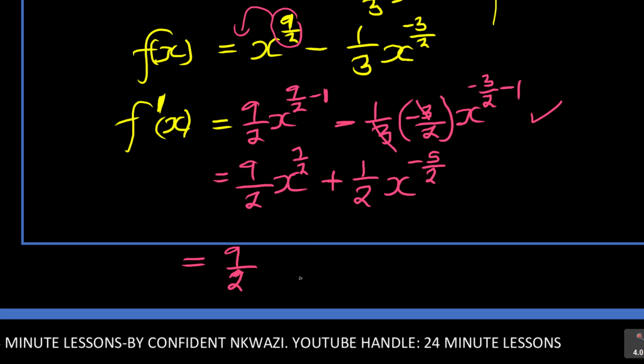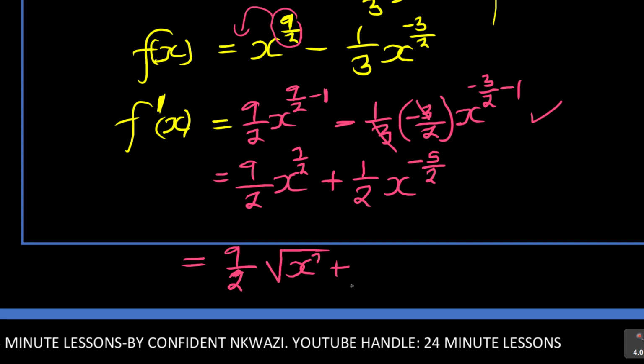So we've got 9 over 2, my x. So it's basically the square root of x to the power 7. Plus a half. And that's basically the square root. A negative half. There's a negative there.